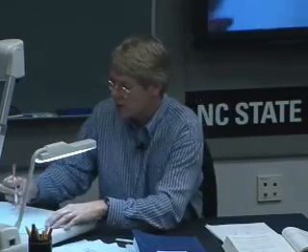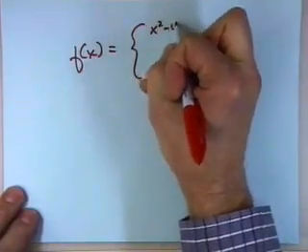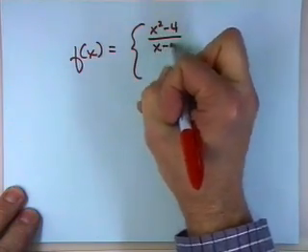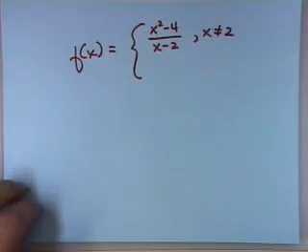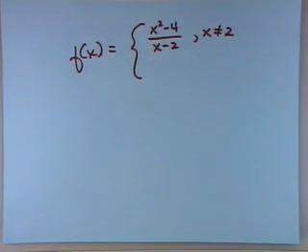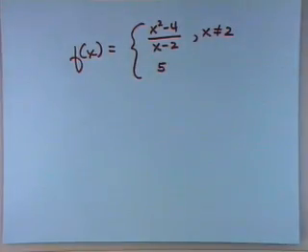Let's look at a split domain function. It's kind of a unique picture. So we want y to be that rational function, or at least it looks fairly rational. That's the y value when x is not 2.